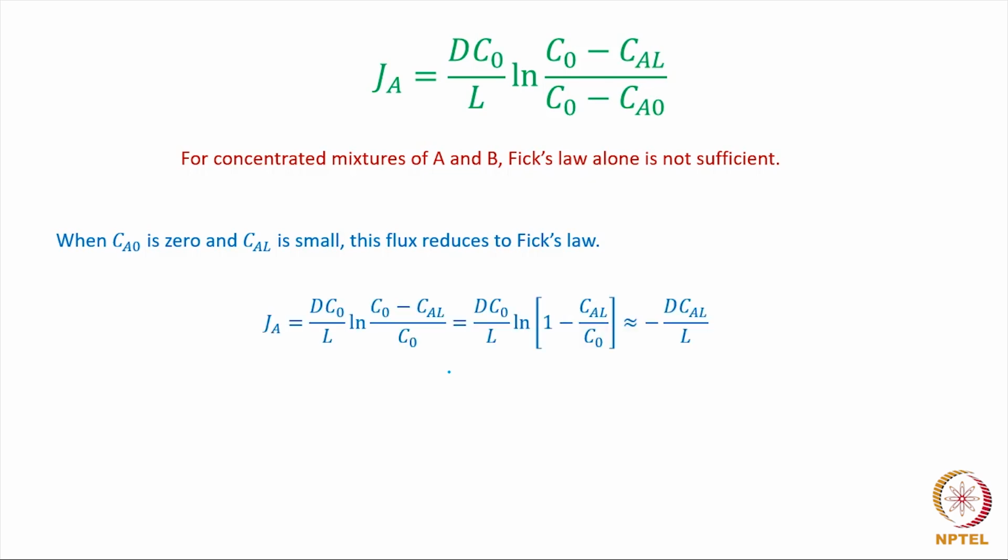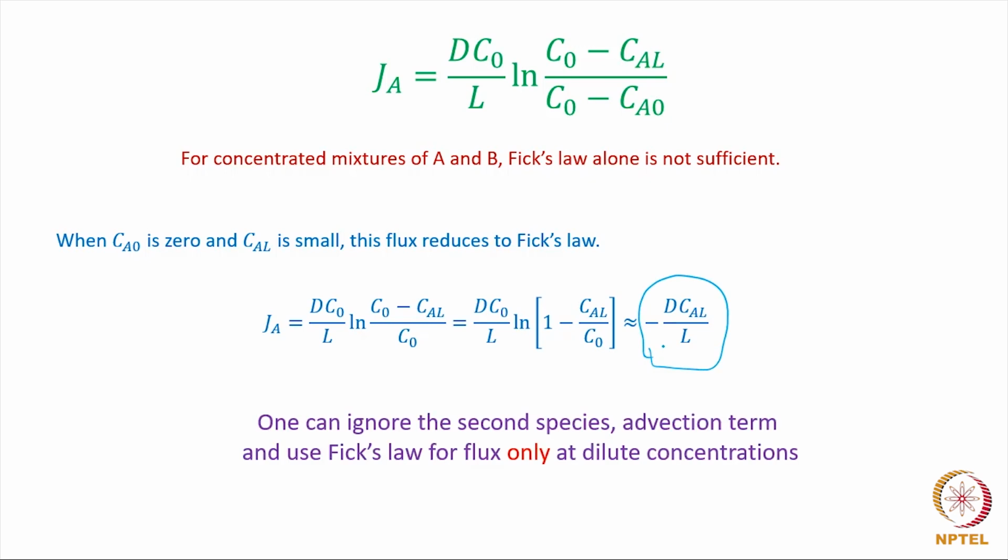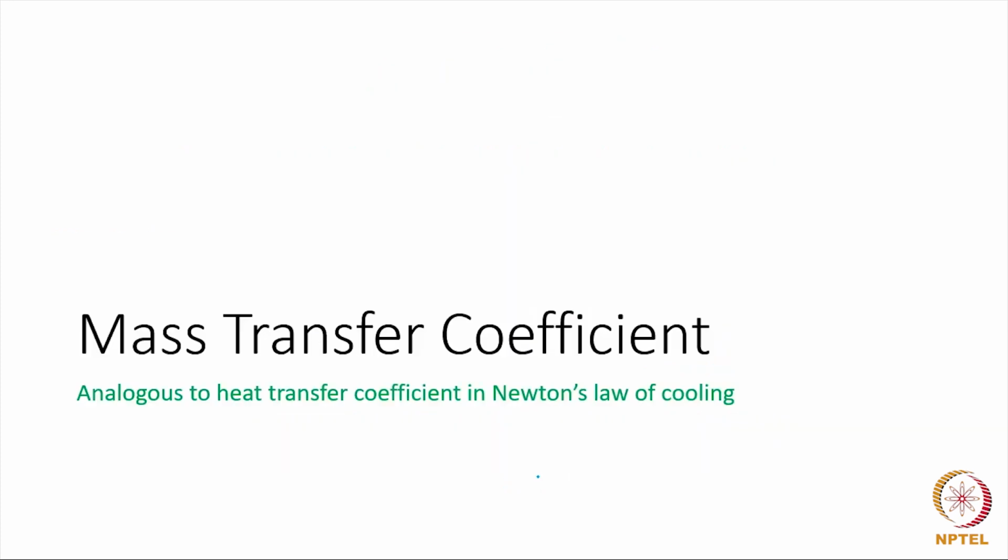Then you can actually see that it would give you a solution that almost looks like the Fick's law solution, which means that you can ignore the second species and the advection term and use Fick's law only when the concentrations are dilute. For concentrated solutions which have significantly high volume fraction of the two species, you should actually use expressions like this rather than just Fick's law.